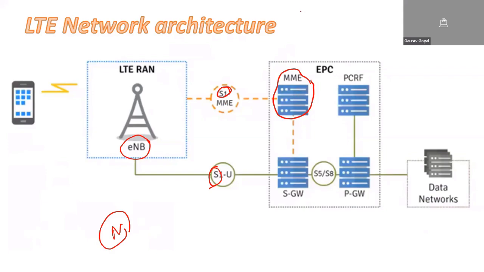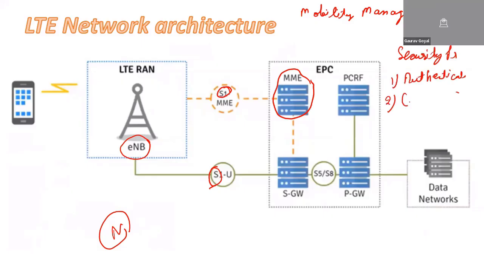If you remember, this MME is called Mobility Management Entity. And what are the main functions? The main functions are security procedures, which include authentication and ciphering. It controls NAS signaling, non-access stratum signaling, and access stratum signaling as well.